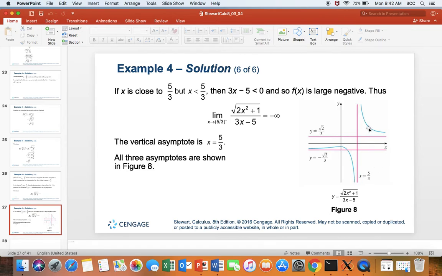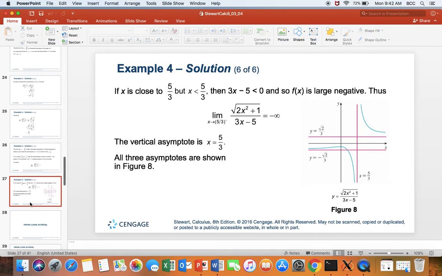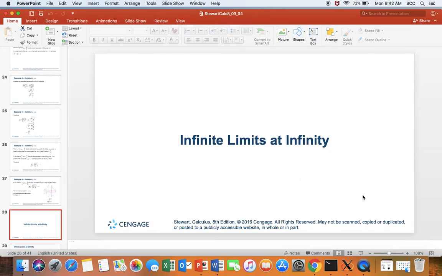And here are the two horizontal asymptotes. The limit as x approaches infinity gets you root 2 over 3. The limit as x approaches negative infinity gets you negative root 2 over 3. So you have two horizontal asymptotes and one vertical asymptote. Until next lesson.